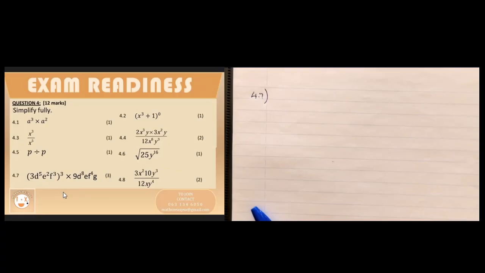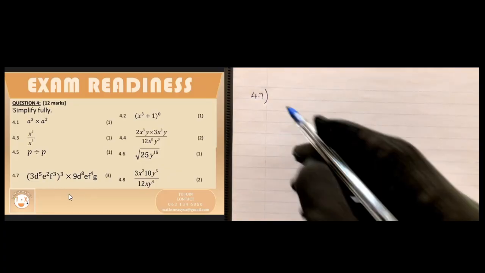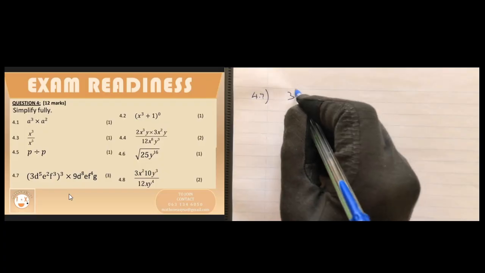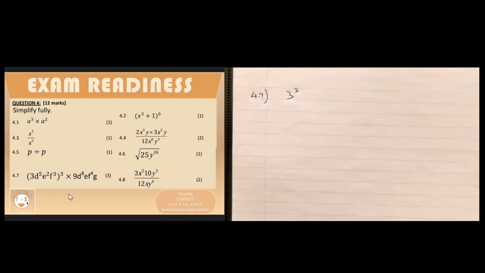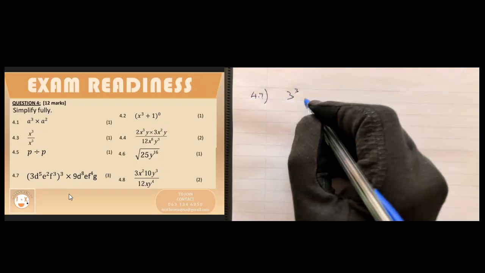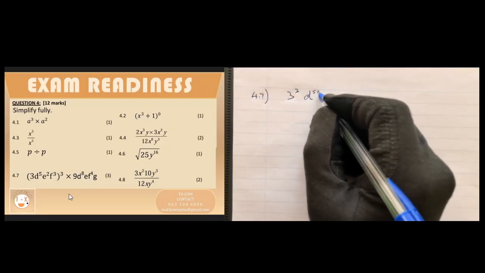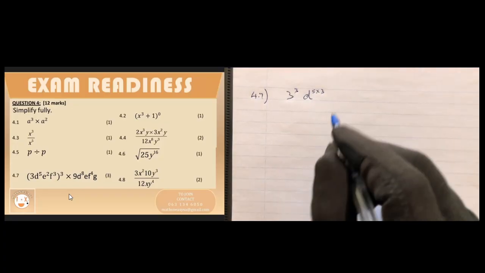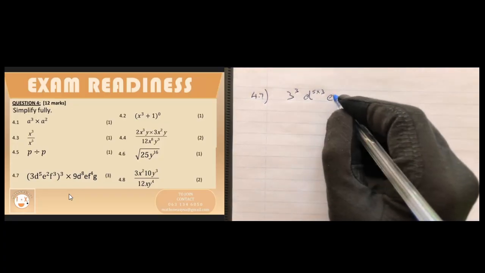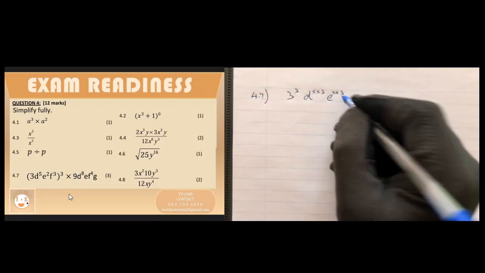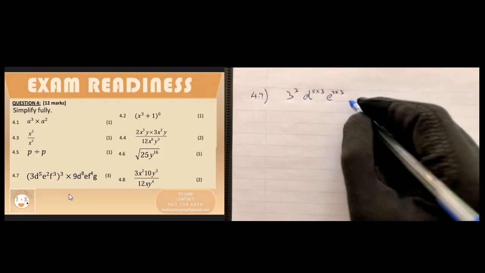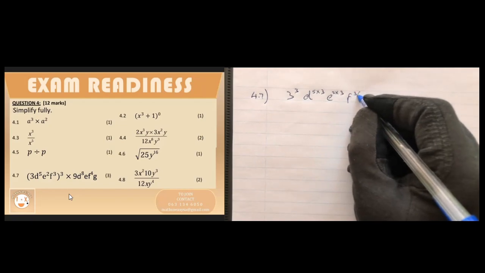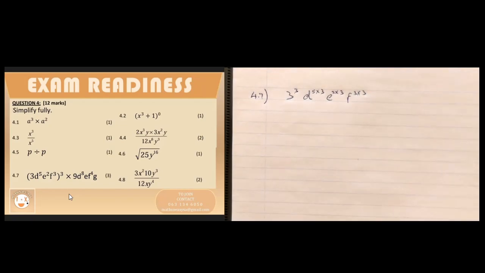Then I say, no, examiner, I know what you want. You want me to power each one. So if I power each one, it means each one I must do what? I must multiply by 3 on top. And then you say, even this one I multiply by 3. Then you say, examiner, I know that even here I multiply by 3.